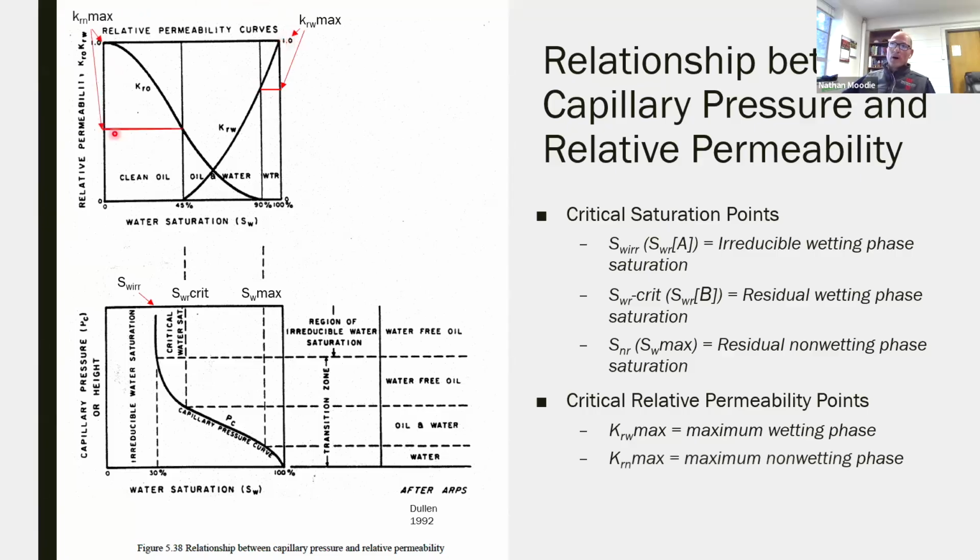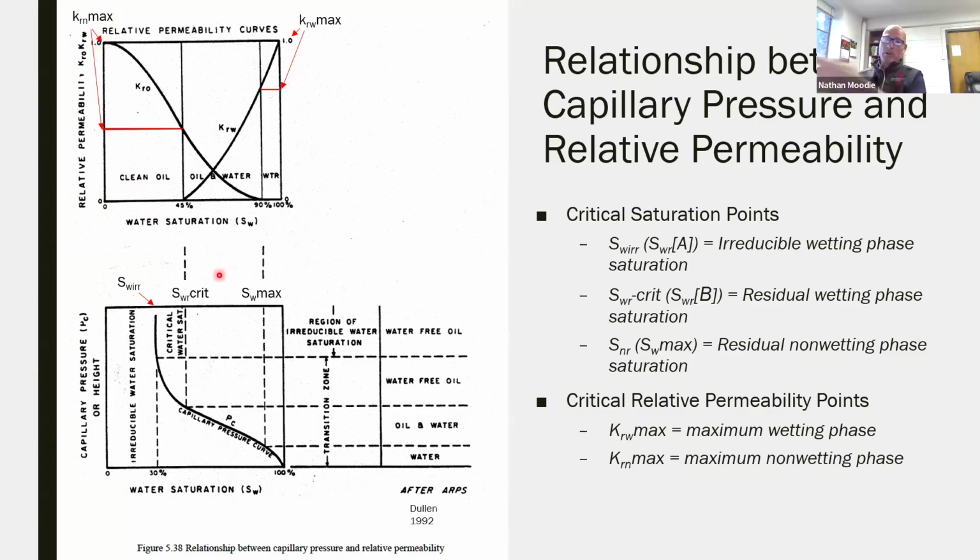Same way on the non-wetting side, where you transition from two-phase flow to single-phase flow, this would be your maximum relative permeability of your non-wetting phase. But if you're able to dry that core out through continuous flow of your second fluid here, in this case oil, you could reach up to here, to full unity and one. So these points are critical to understand and be able to pick out.